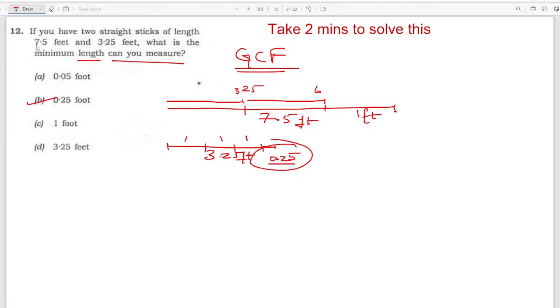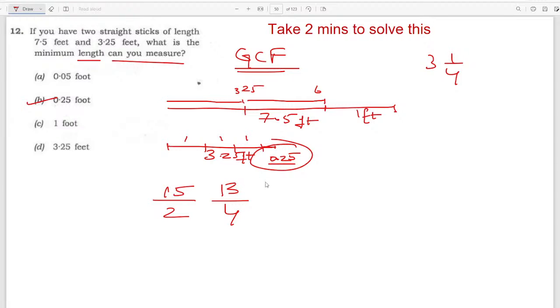In this case, 7.5 can be written as 15 by 2, and 3.25 can be written as 13 by 4.